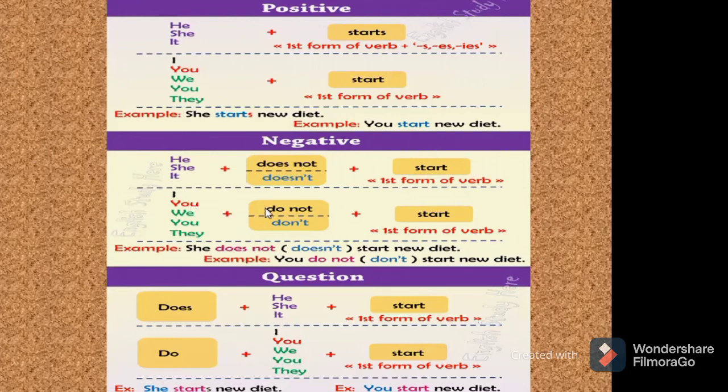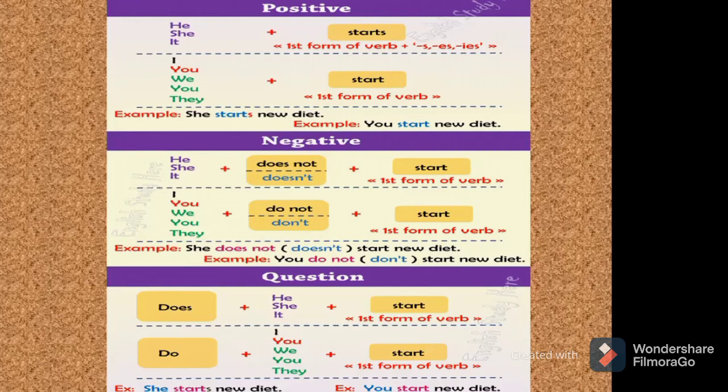Similarly, we use do not for making negatives when the subject is first person, second person, or plural. I do not start. You do not start. We do not start. They do not start. With third person singulars, we use does not, and with first person, second person, and plural, we use do not.